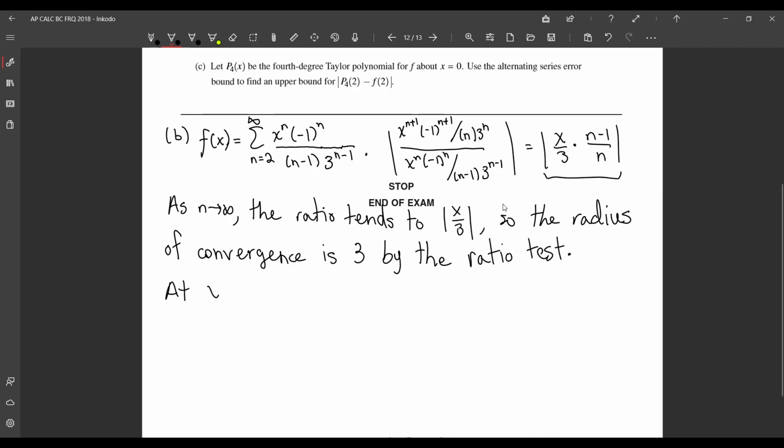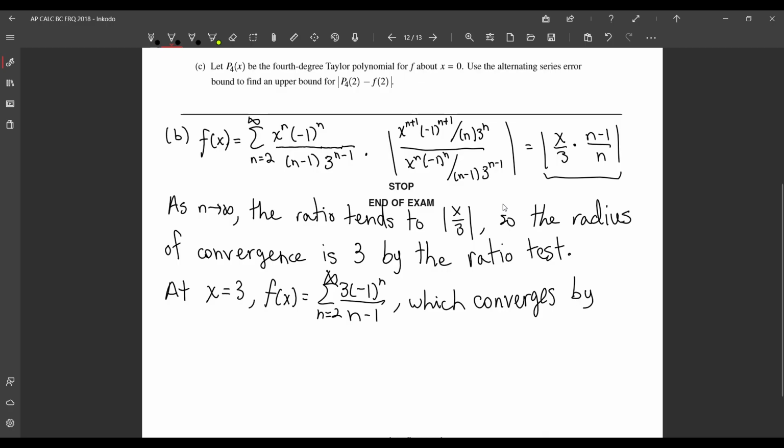Now at x equals 3, the series f of x is minus 1 to the n over n, 3 times that over n minus 1, which converges by the alternating series test.